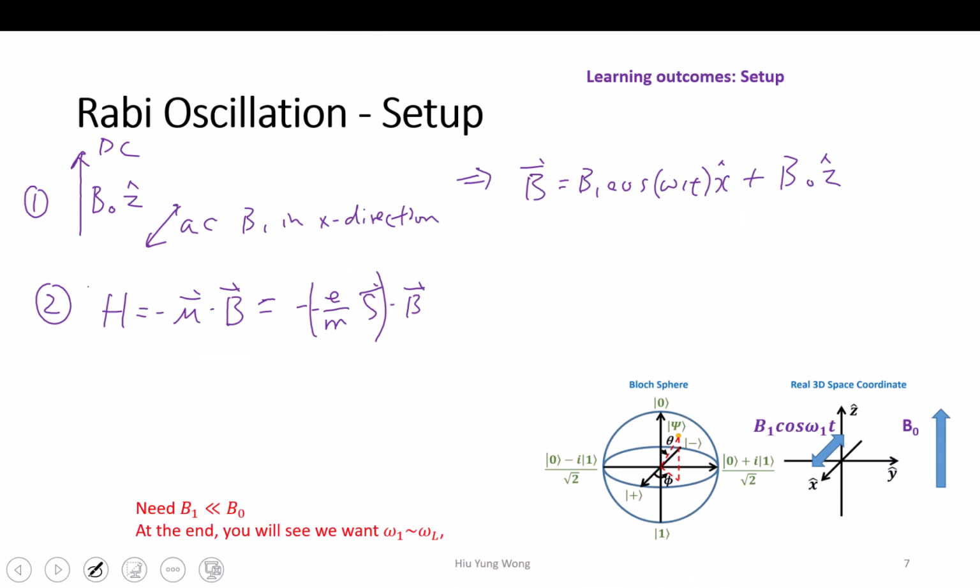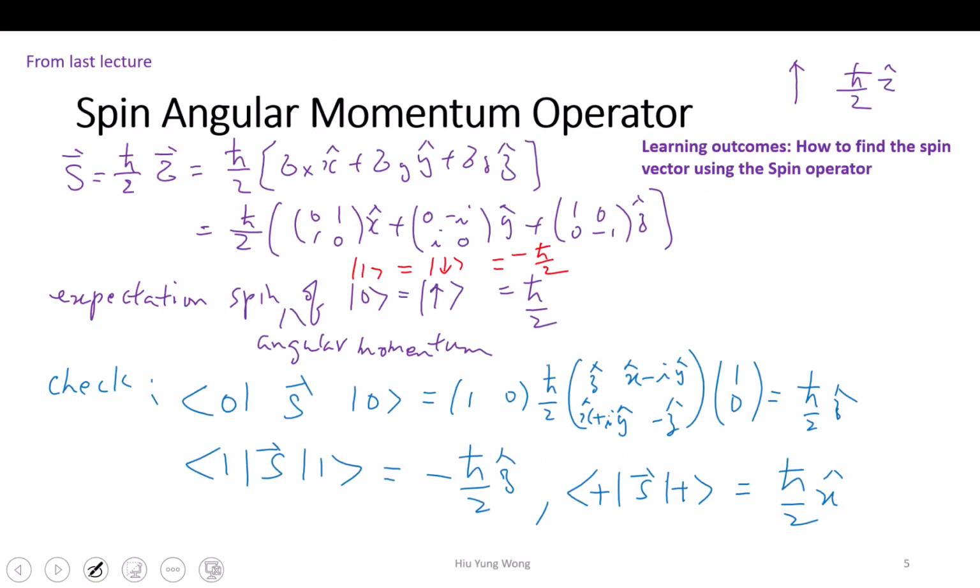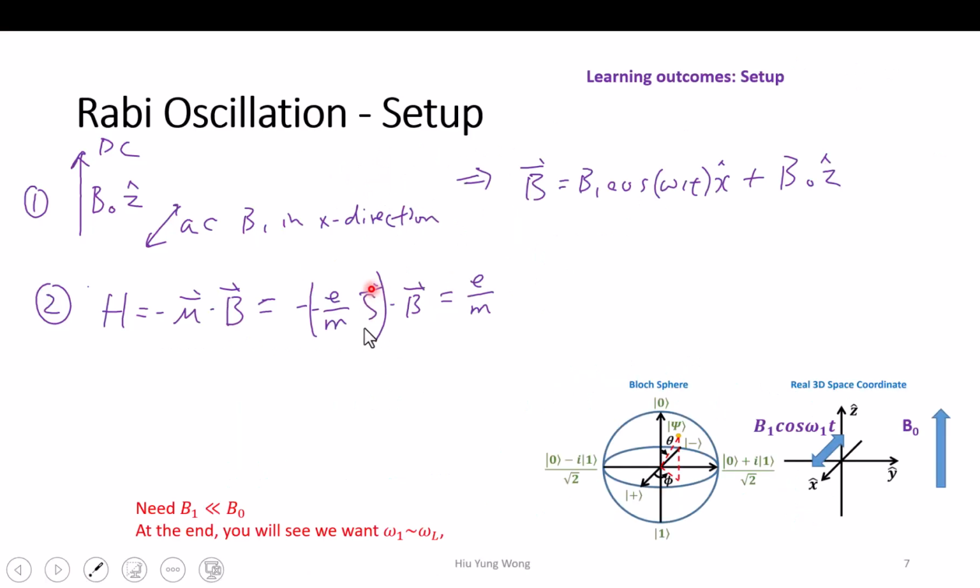Now, that's why we did the spin operator. If you do this, then what do you get? e over m. And then what is the spin? Look here. This is the spin angular momentum, not spin, right? Spin angular momentum. What is this?